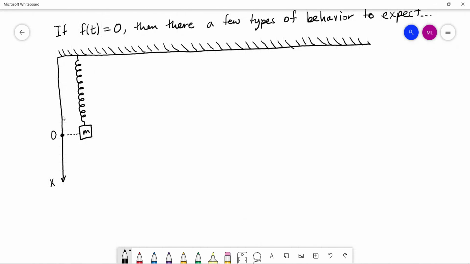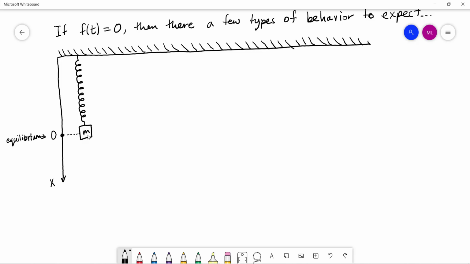So in this case, if we leave the mass at no initial displacement, it's hanging at the equilibrium, right? This is right here, our equilibrium position. This was the point where the restoring force of the spring pulling up exactly matches the force of gravity pulling down. If I start with the mass hanging at this position and I give it no initial displacement and no initial velocity, what will happen?